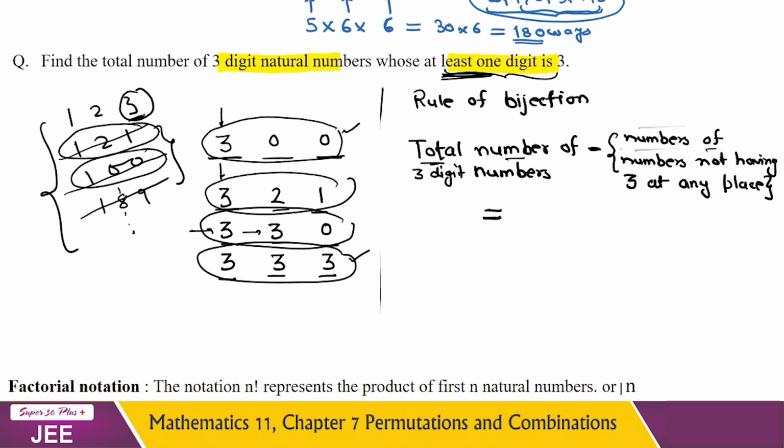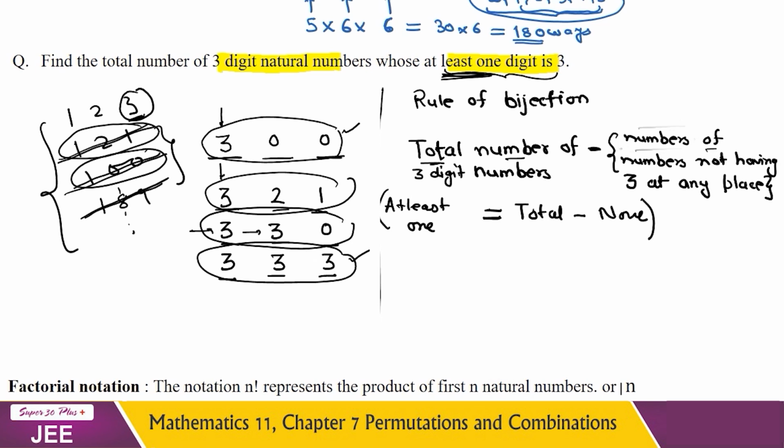I am subtracting or excluding all those numbers in which 3 never occurs. So what am I left with? I am left with all those numbers in which 3 occurs at least once. So we can say that at least 1 is equal to total number of cases minus none. Alright, we can use this rule in order to solve this question.